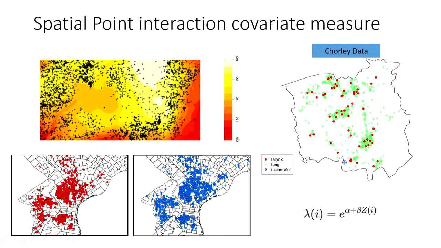In these studies, people try to find out whether there is any relationship, whether lung or larynx cancer is more frequent wherever the incinerator is. These kinds of statistical strategies can be done, and this correlate data is again a freely available data set.